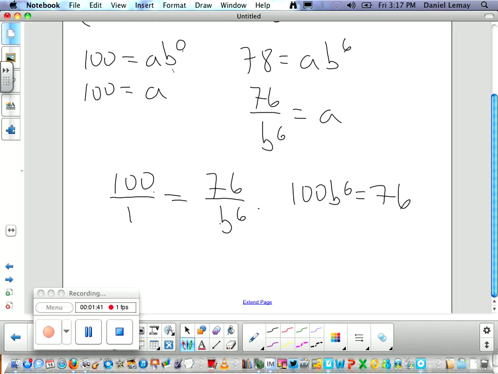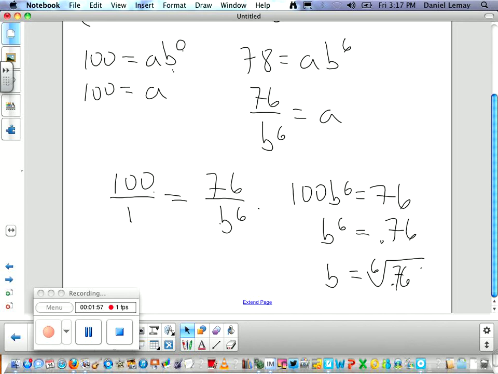Then we divide both sides of this equation by 100. And then I'm going to take the 6th root. It's 76, and I'm going to grab my calculator.